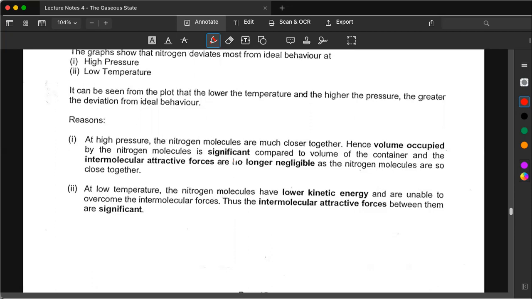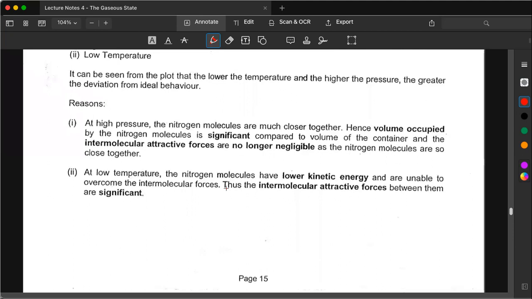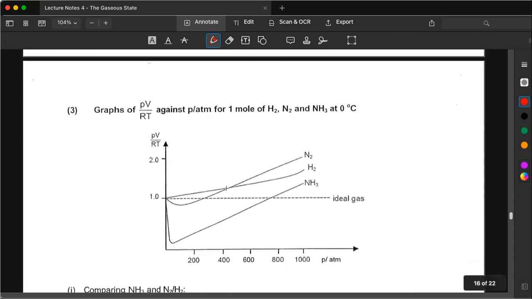And the intermolecular forces at high pressure will no longer be negligible. At low temperature, the nitrogen molecules have lower kinetic energy, so they cannot overcome the intermolecular forces, and hence the intermolecular attractive forces become significant.